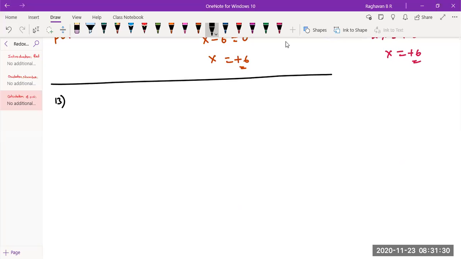Okay. I need to underline, because oxygen we know, the remaining element we need to find out.